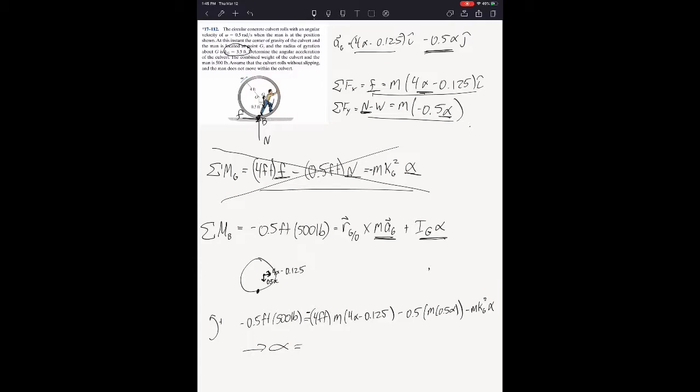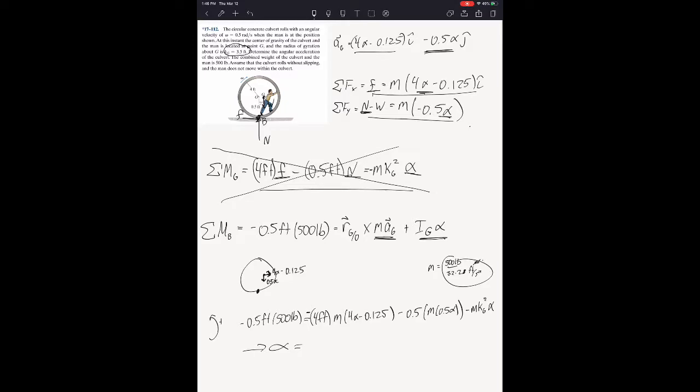Let's point out m is equal to 500 pounds divided by 32.2 feet per second squared, which is going to be in slugs, some number of slugs. I'll go ahead and do that. No, I'm not going to. I'm just going to leave it. This will go into my equations as written.